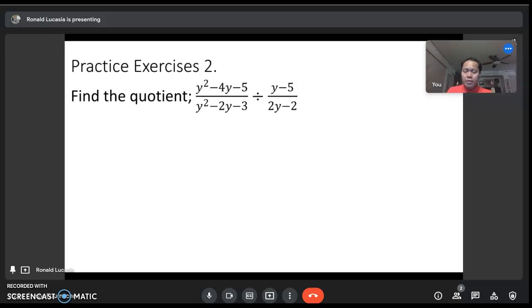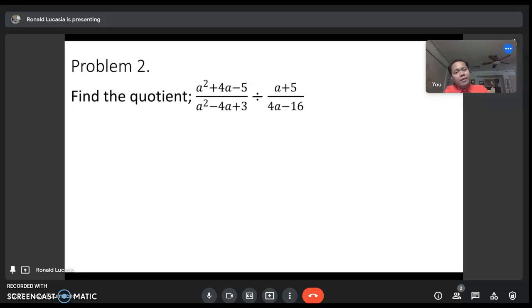The next example will be a squared plus 4a minus 5 over a squared minus 4a plus 3 divided by a plus 5 over 4a minus 16. So let's rewrite this one into a multiplication operation.